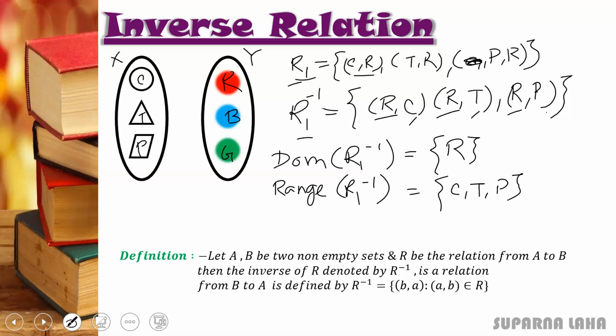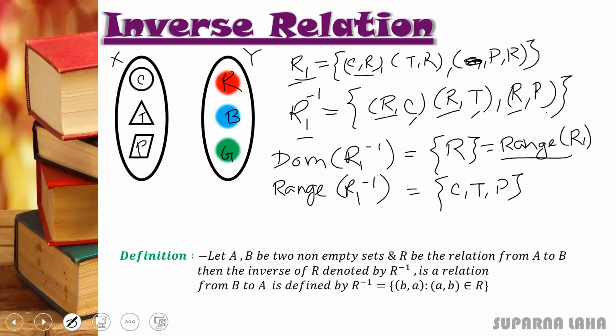The domain of R1 inverse is what? The range of R1. Check the previous one, the domain and range we have written for the relation R1. You will find that the range for R1 is now the domain for R1 inverse.